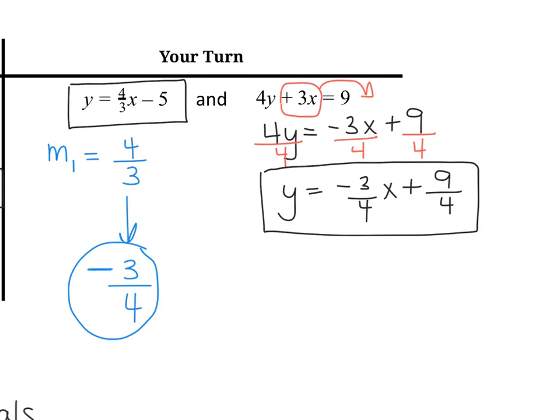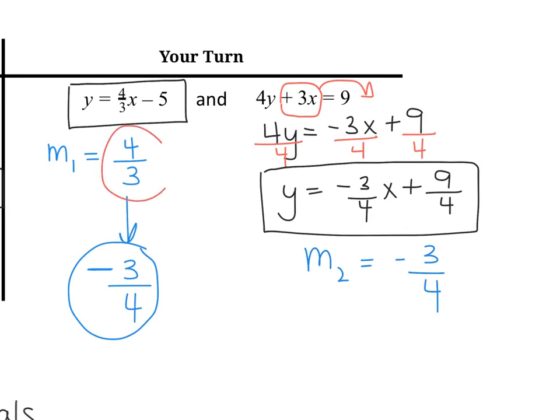So now let's check our second equation and see, are these two slopes the same? So if I go to my second equation, I see that yes, the slope in the second equation is indeed negative 3 over 4. They're the same. So M2, or slope 2, is negative 3 over 4.